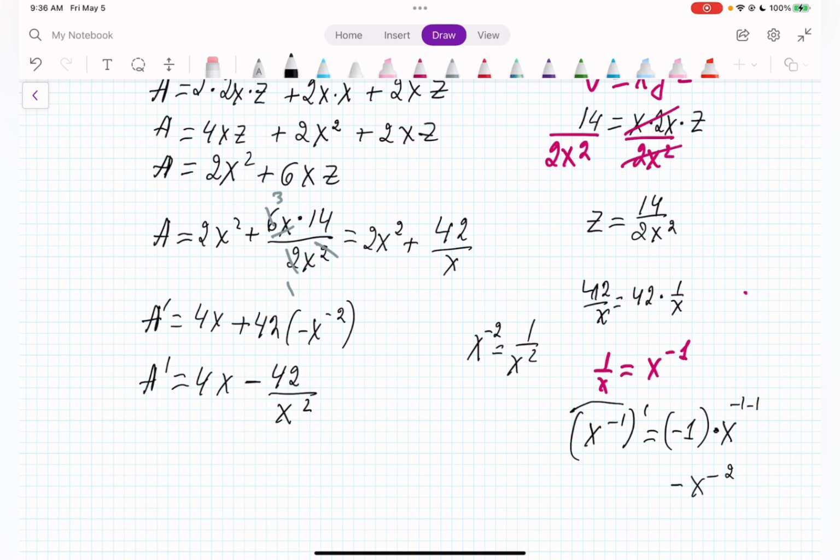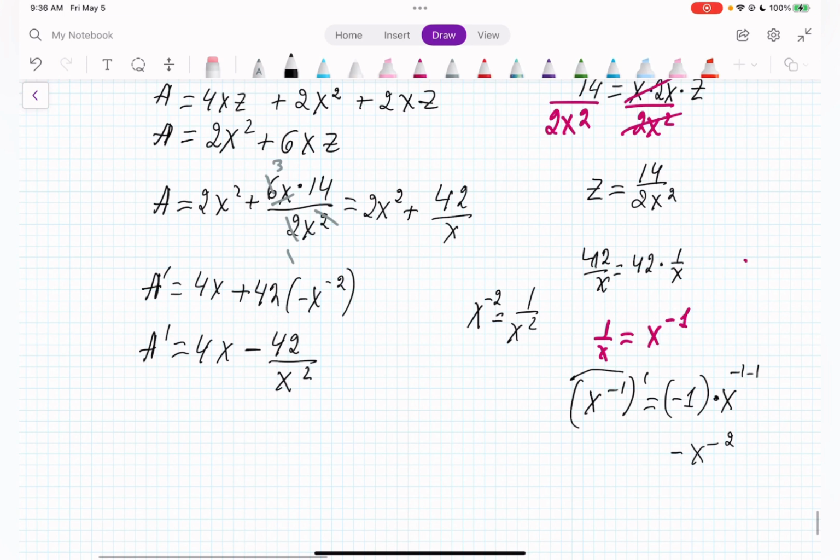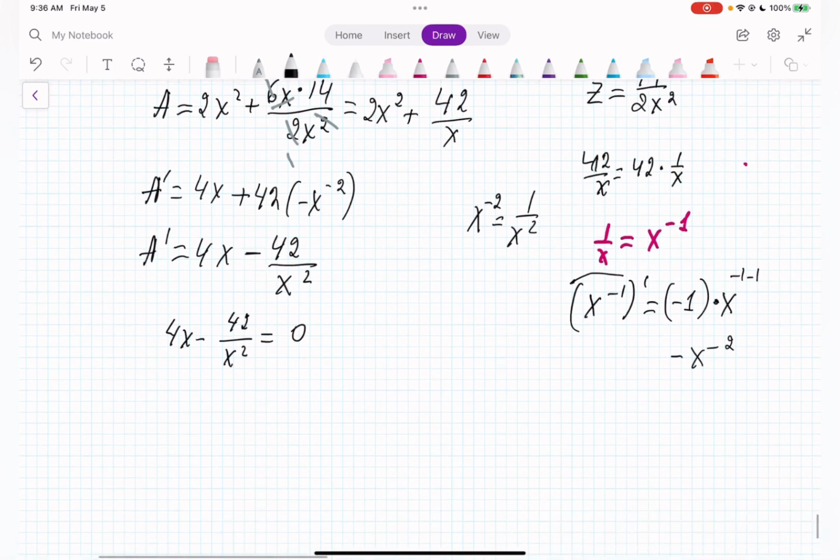So now to get the critical value, meaning either minimum or maximum, we're going to set it to 0: 4x minus 42 over x squared is equal to 0, right? So from here, bring to the common denominator, which is x squared.